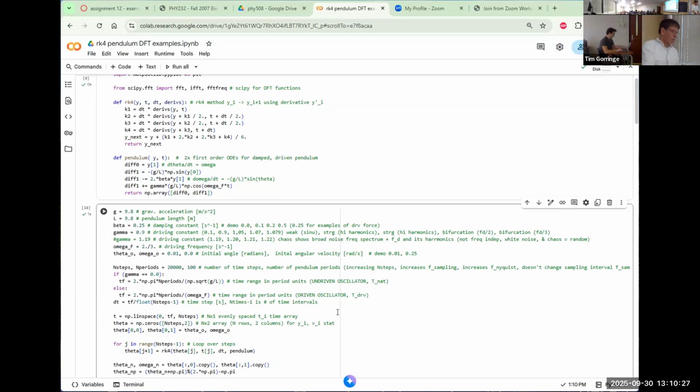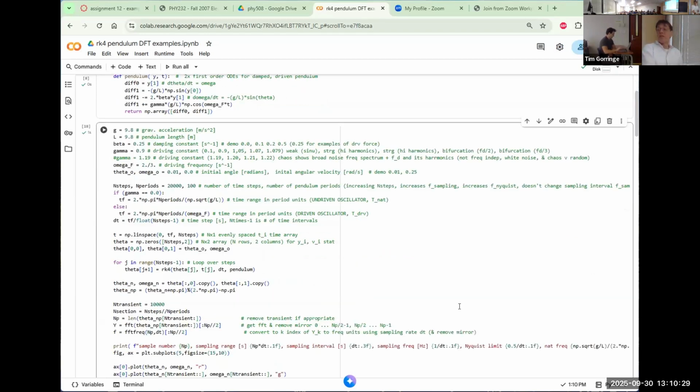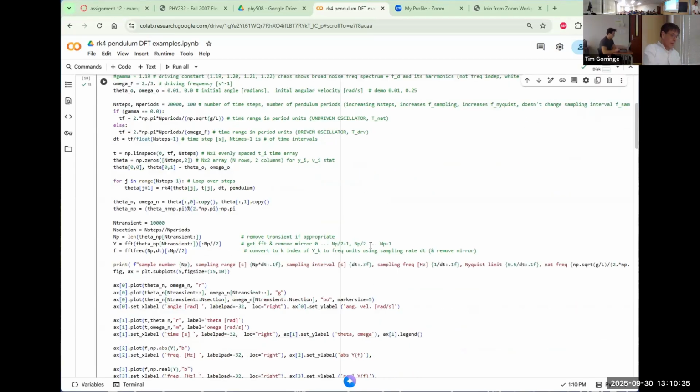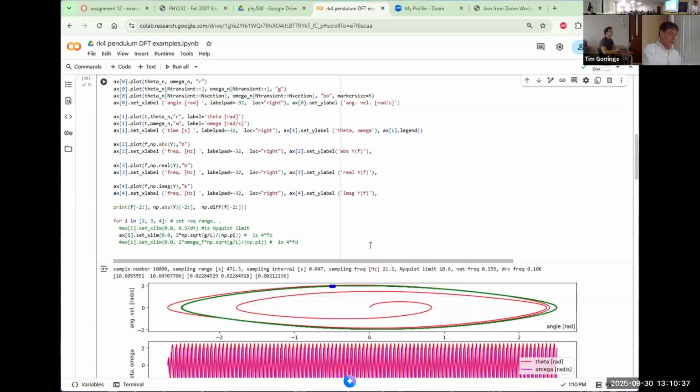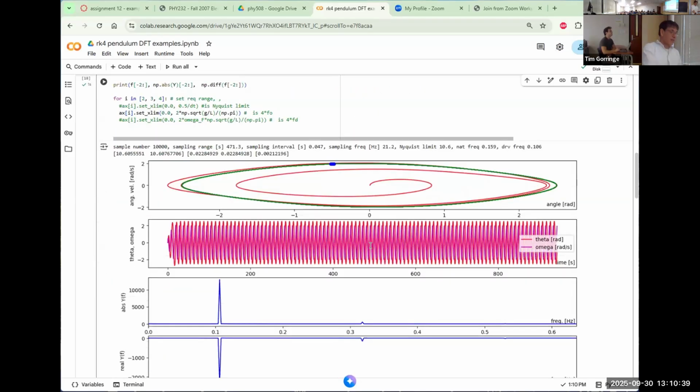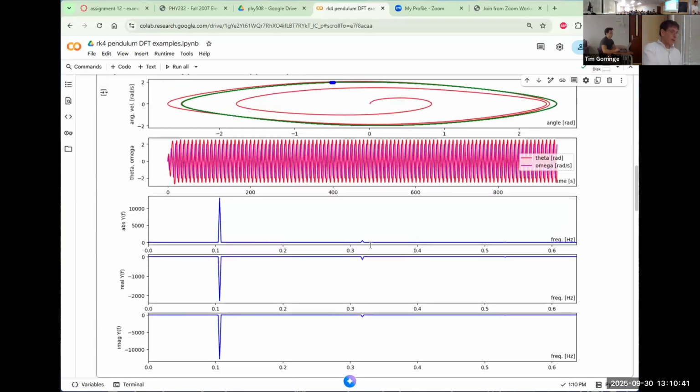Okay. So now we jumped up to 0.9 for the driving constant. That's the world of strong driving. That driving force is the same scale as the gravitational force on the pendulum.